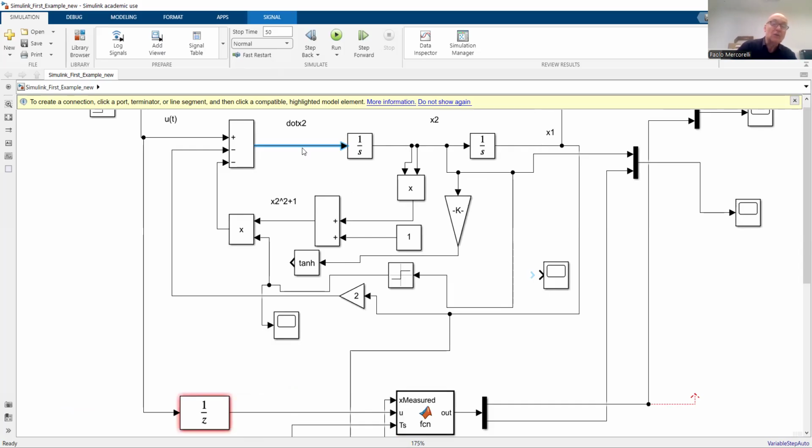And the derivative of x2, which is here, is u minus 2 times x1. I don't know if you remember last time I told you the 2 times x1 could be interpreted, I forgot to say, as the reaction of a linear spring. Of course, about the spring, we can do similar consideration with the friction.